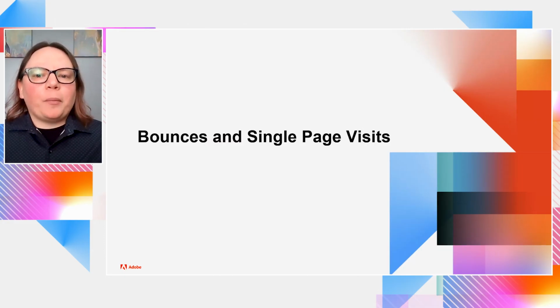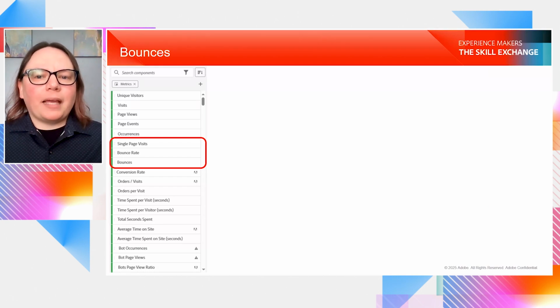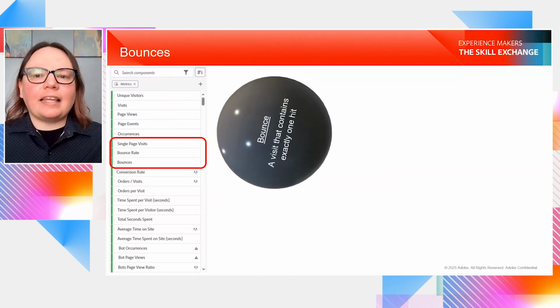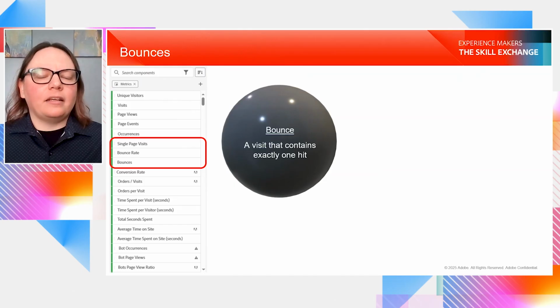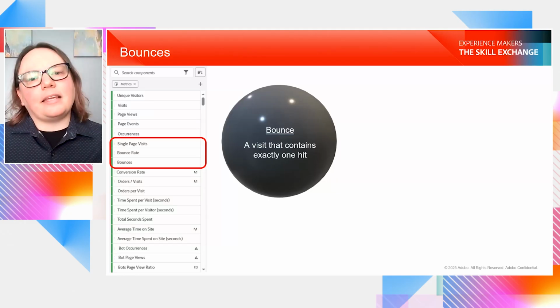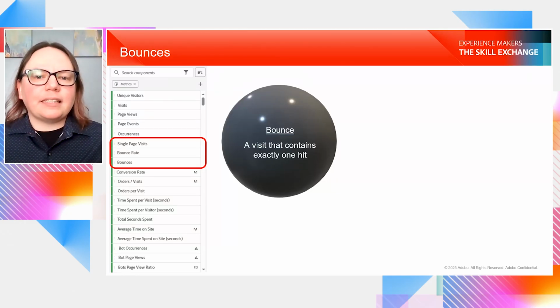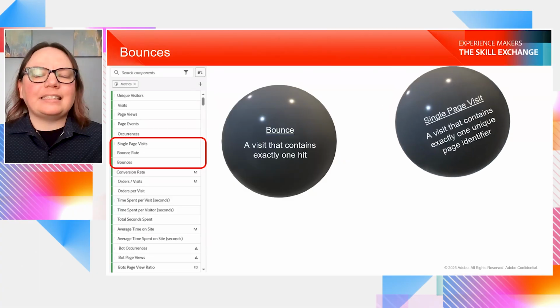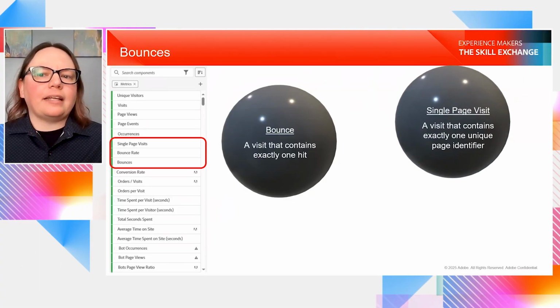So now let's talk about bounces and single page visits. A bounce, by definition, is a visit to your site that contains exactly one hit. So someone comes, they load up that first page, they don't interact with it, they don't click on anything, and then they leave. A single page visit is one that contains exactly one unique page identifier.